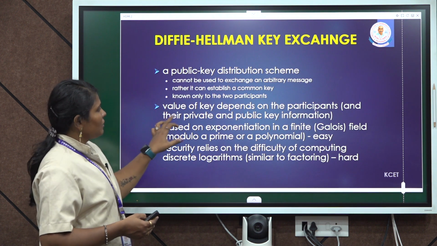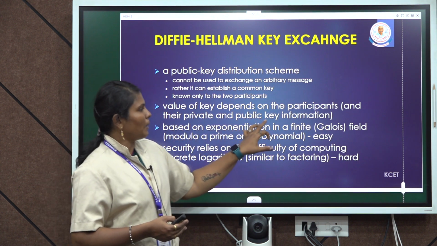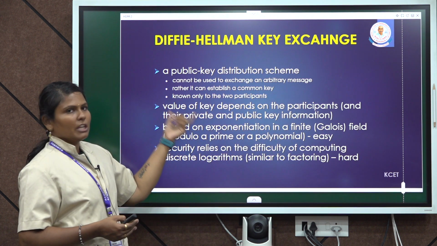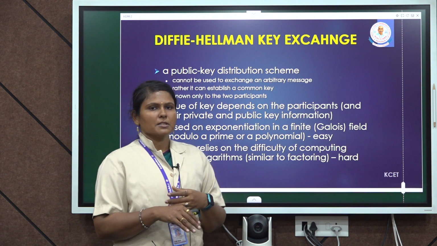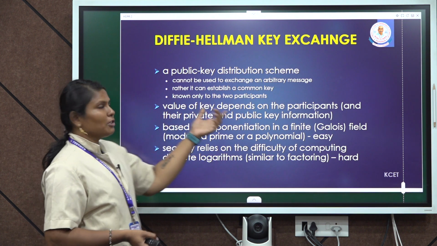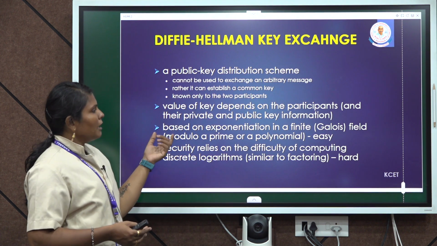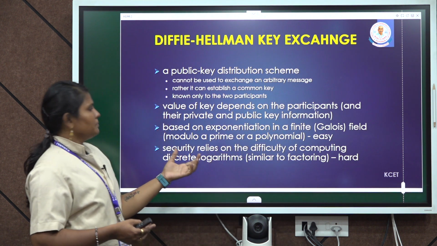The value of the key depends on the participants and their private and public key information. So the value of the key depends upon the users involved in the particular system, on the private and public keys they take, and on exponentiation in a finite field.